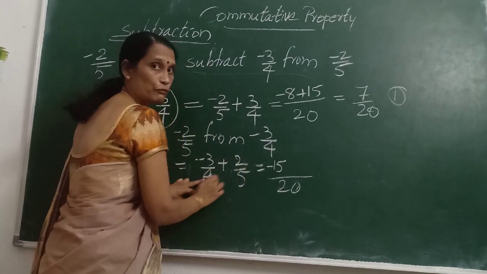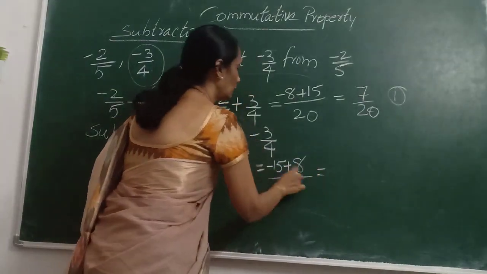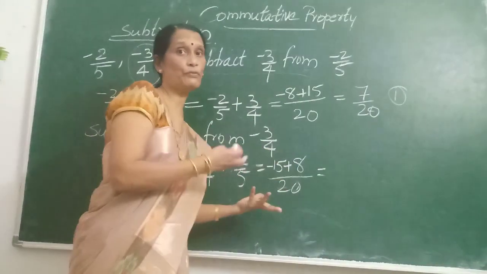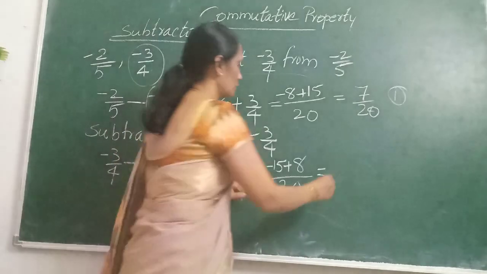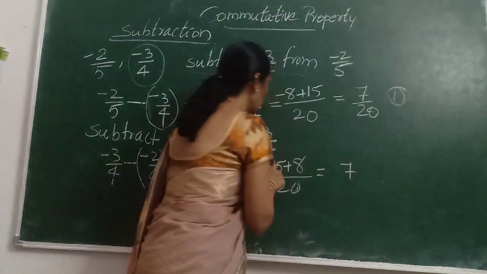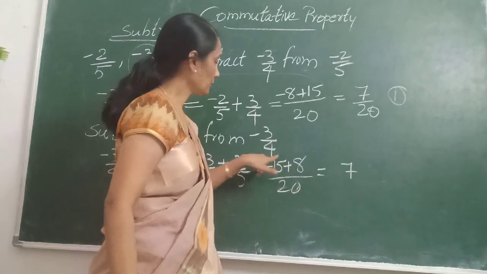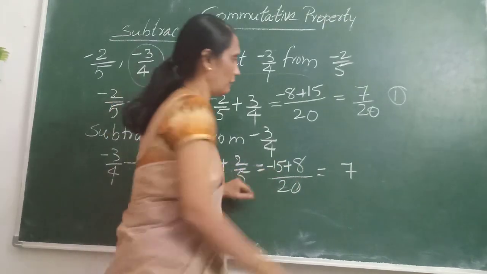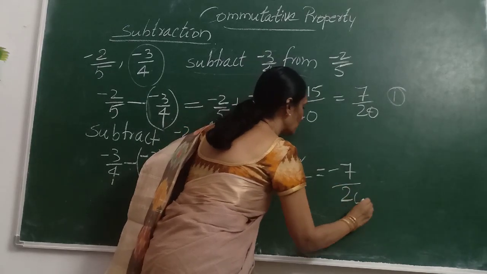And these two multiply, 4 2s are 8. 15 and 8, the difference is 7. Which number is bigger? 15 is bigger, so we give the minus symbol. Minus 7 by 20 we got.